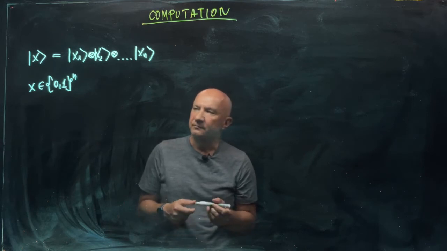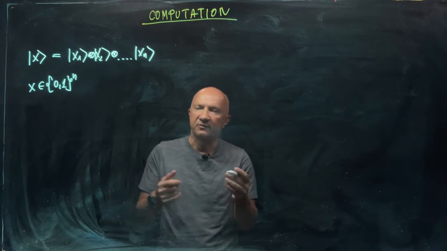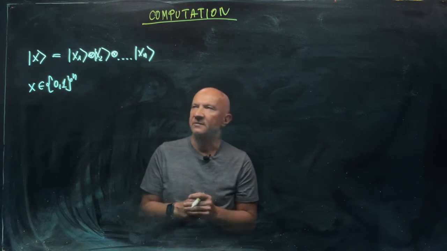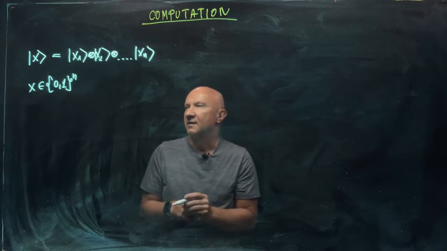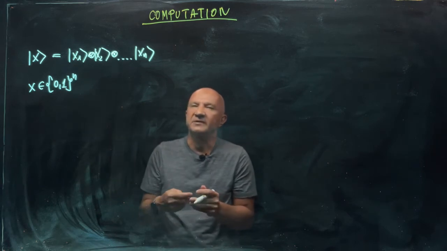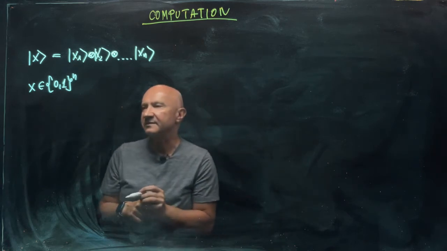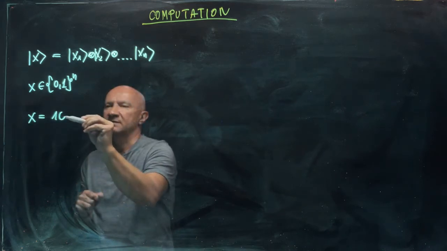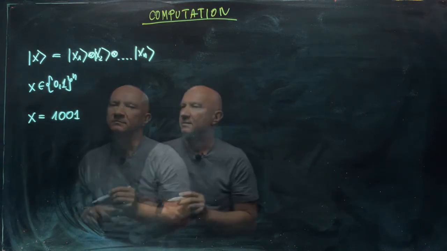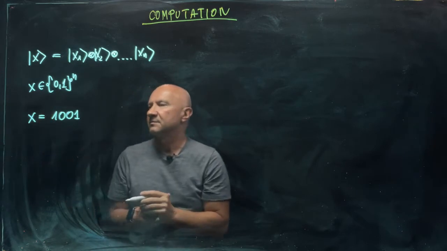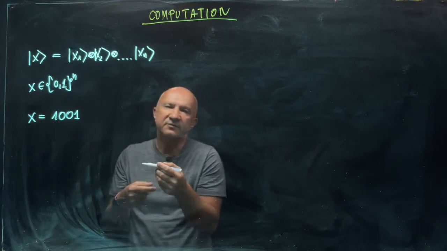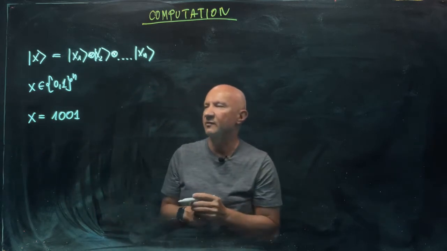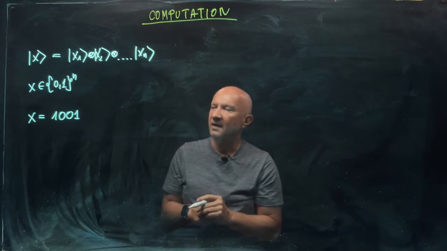Of course, I can also view those binary strings as representing something. When they represent themselves as binary strings, say 1 0 0 1, then what kind of operations do I do on binary strings?